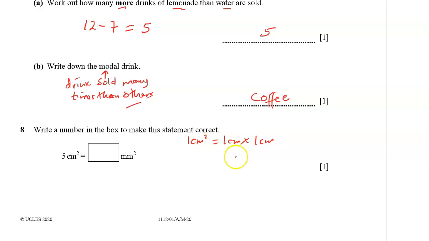We know that 1 centimeter is 10 millimeters, and therefore this also is 10 millimeters. So 1 centimeter squared is equal to 100 millimeters squared. And therefore, if 1 centimeter squared is 100 millimeters squared, then 5 centimeters squared will be 500 millimeters squared. That's what we write here, 500.